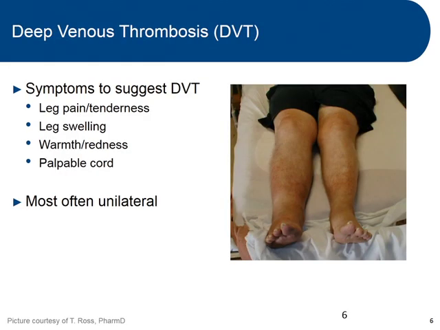Regarding deep venous thrombosis, some of the subjective symptoms that suggest a DVT would be leg pain or tenderness, leg swelling, warmth, redness, palpable cord. They're usually unilateral, so as you can see in this picture, this patient has a DVT, and you can see that one leg is much more swollen than the other.